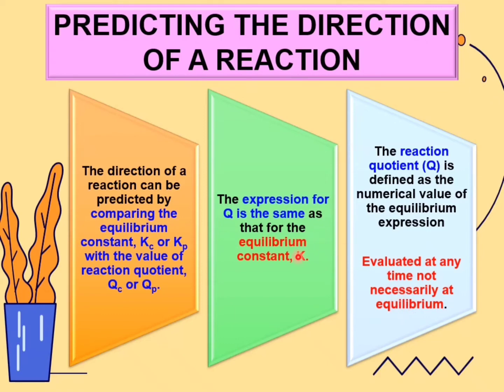Okay, kalau Kc atau Kp, so the value of concentration and pressure should be at equilibrium. Do you remember? But for the Qc or Qp, the value of concentration and pressure, biasanya kita akan guna initial concentration or initial pressure.